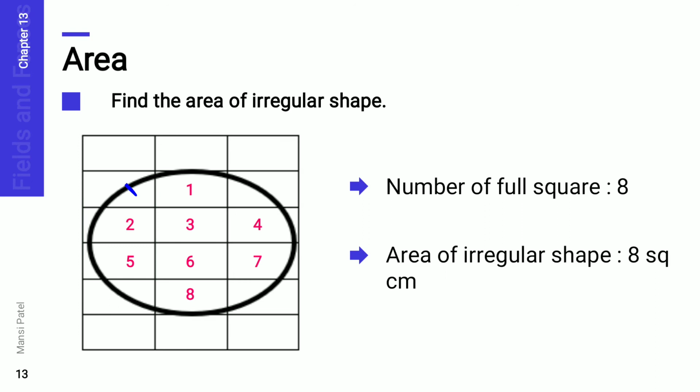Now you can see here, this part, this one and this one. These 4 parts occupy less than half the portion. Therefore, whenever we are counting the number of squares, we just skip this portion. So the area of this irregular shape is 8 square centimeters.